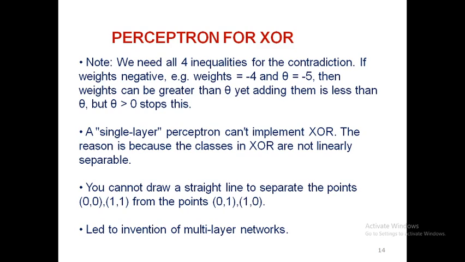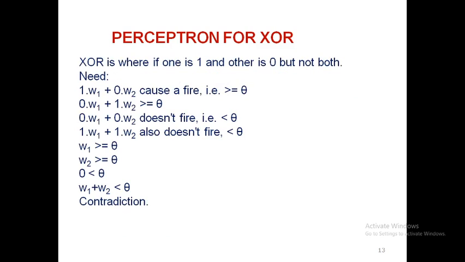And go to that earlier slide and see those last four equations. W1 plus W2, theta is equal to minus 5. What is W1 plus W2? It is nothing but minus 4 plus minus 4, which is minus 8. Minus 8 is greater than or equal to theta?